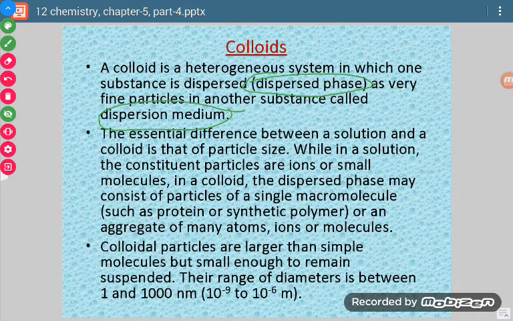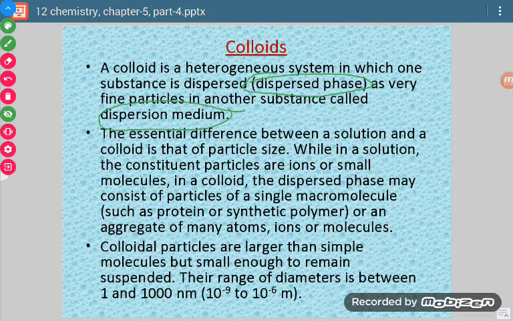Just like if we prepare a starch sol, or colloidal sol of starch, then starch will be the substance which is dispersed. It will be like a white powder, so that is the dispersed phase, and it will be dispersed in water, so water will be the dispersion medium.